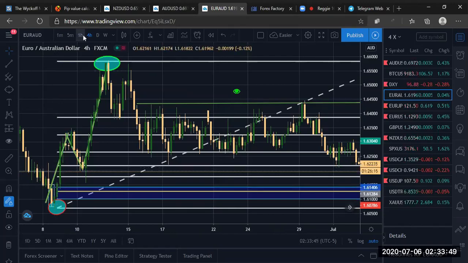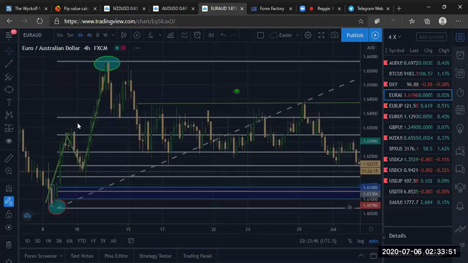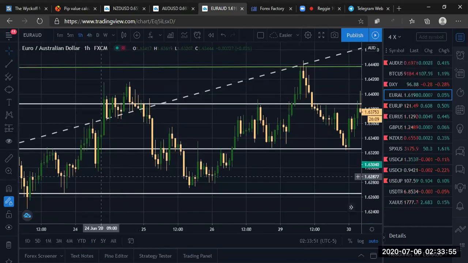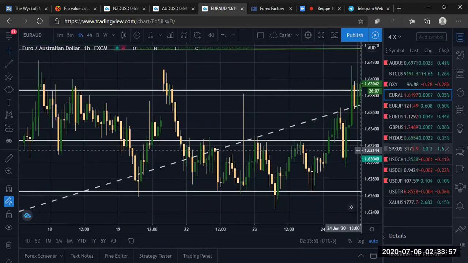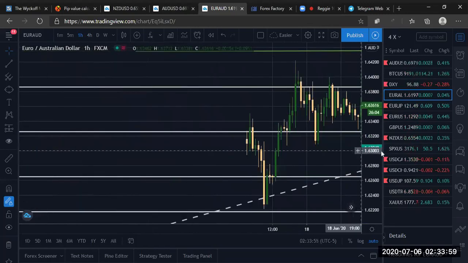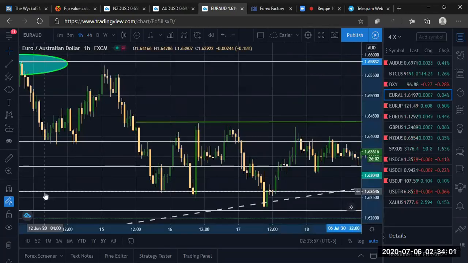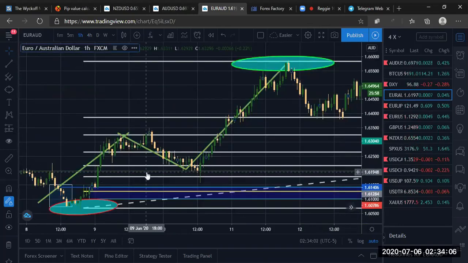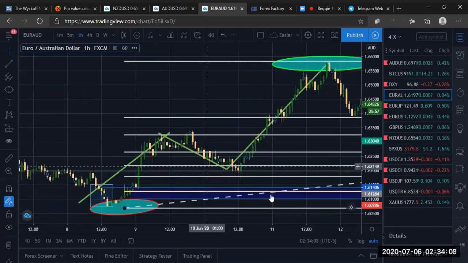But when I went into the 1-hour chart on this same area where that candle was, okay, boom.